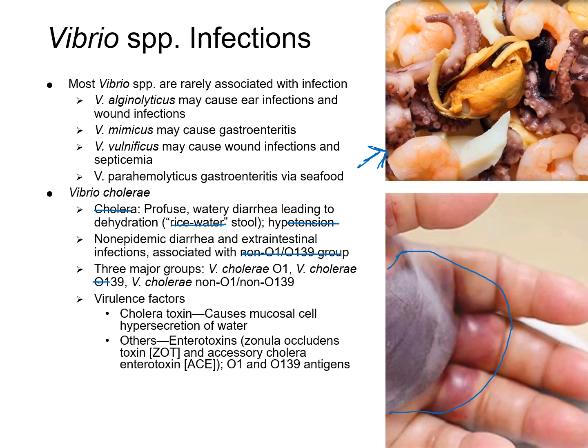They have different labels, but there are different types of strains of Vibrio cholerae. They produce a cholera toxin, and it causes the mucosal cells within the GI tract to hypersecrete water, and that's where you get that watery or rice water diarrhea. And of course they have different enterotoxins that are associated with these different strains.